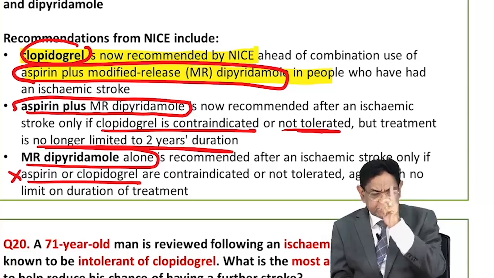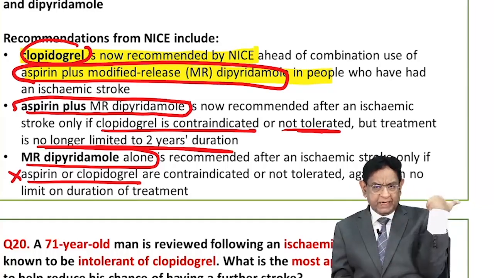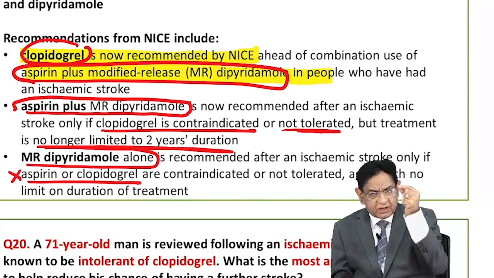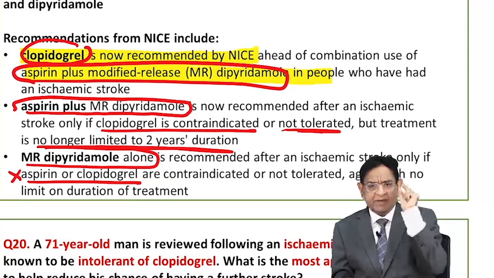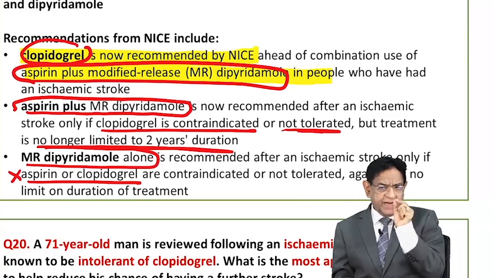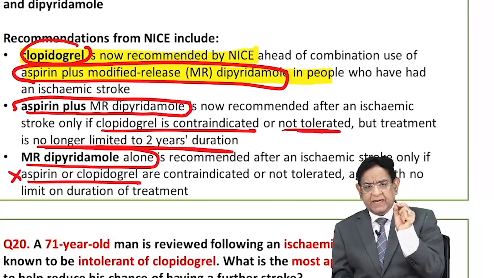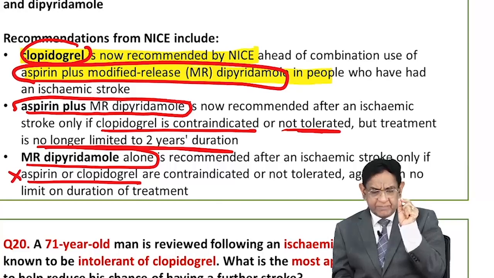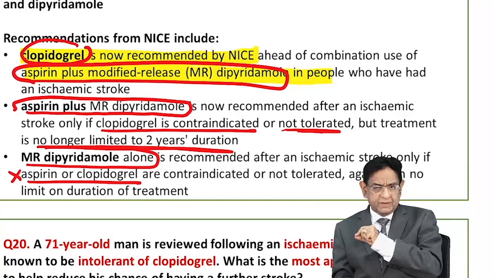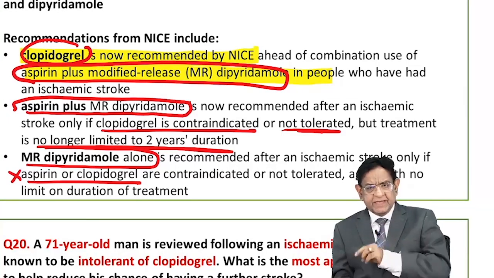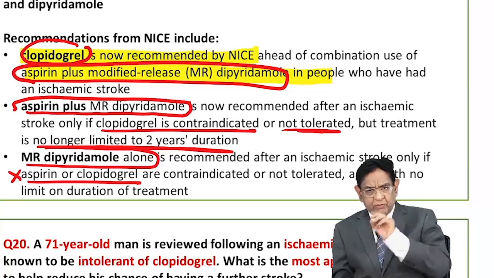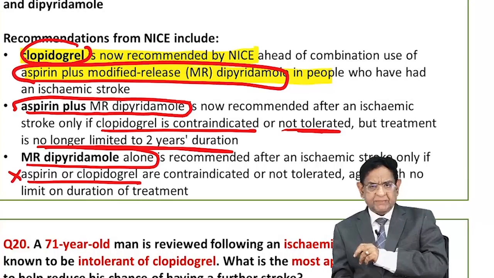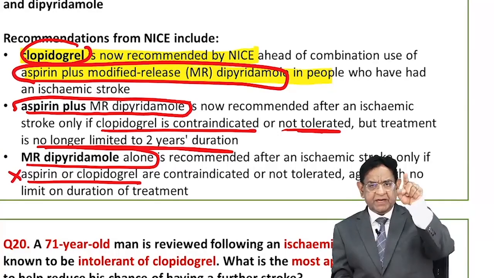Prevention: what is the first drug you will give? Clopidogrel. If that is contraindicated, whatever reason it may be, then you give a combination of aspirin and dipyridamole. Third, if there is any reason that you cannot give clopidogrel or maybe you cannot give aspirin, then you give dipyridamole. This is secondary prevention.